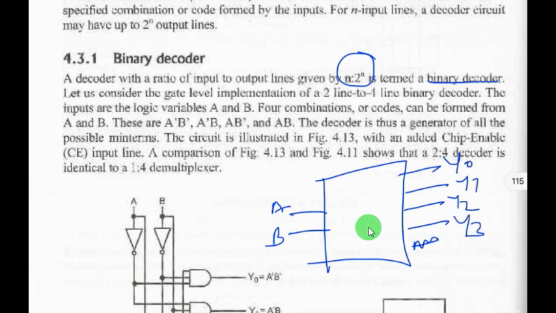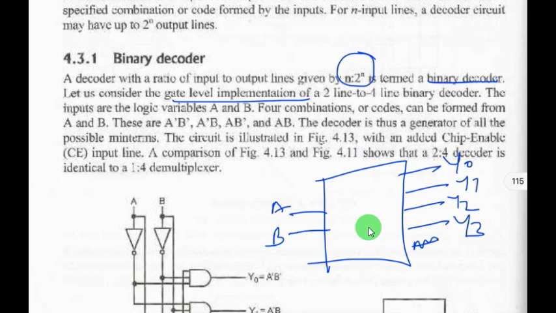Let us see how we can do that at the gate level, because we said we want to understand how a computer would work. And the computer is the one that is formed by many gates at a higher level.